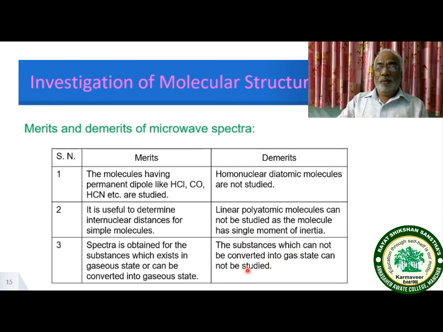Because when the molecules are at lower pressure in the gaseous state, they are freely rotating, and hence the rotating molecules interact with the electrical component of the electromagnetic radiation, which results in the microwave spectra. So this is what we consider about microwave spectra.